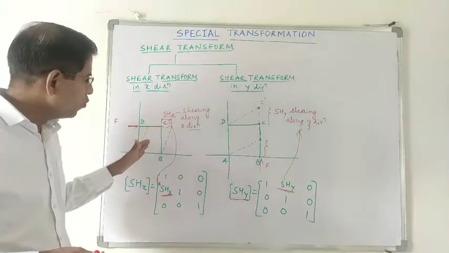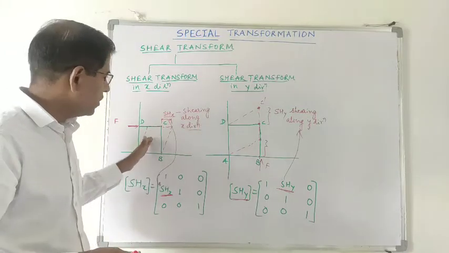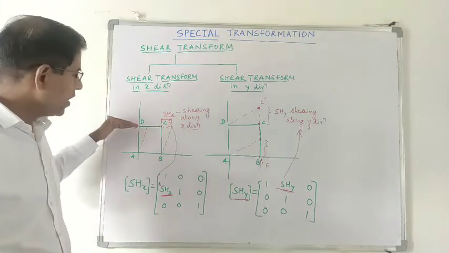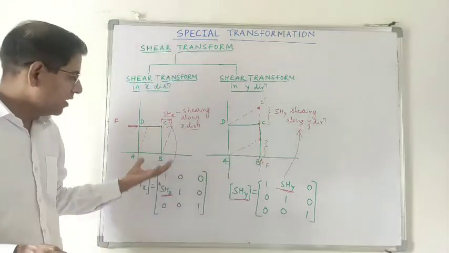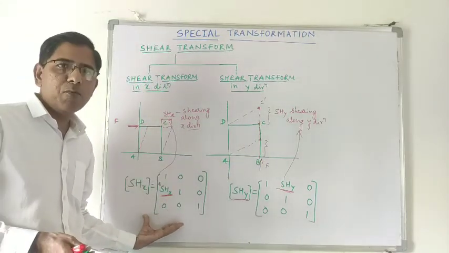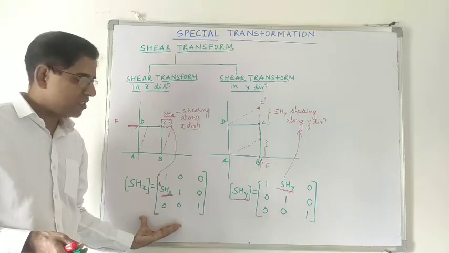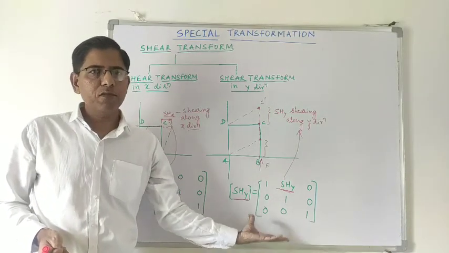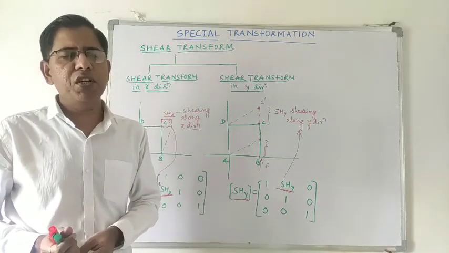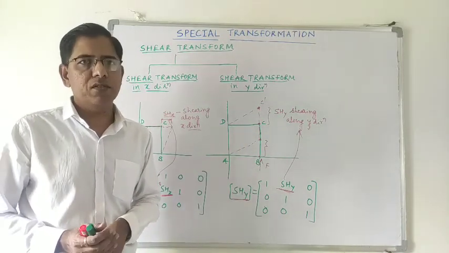Then you have to explain it by these 2 diagrams, and then you have to mention the shear along x axis matrix and shear along y axis matrix. So this much information is sufficient for 2 to 3 marks.